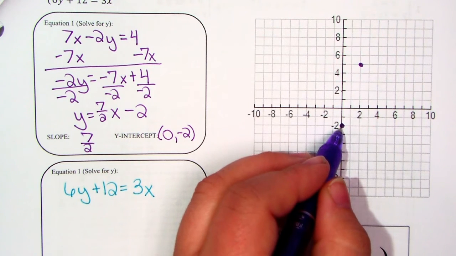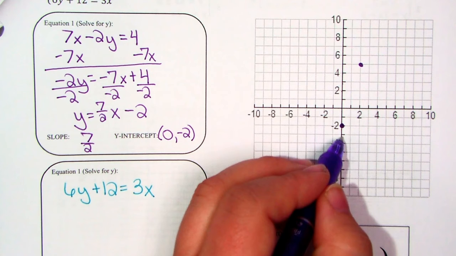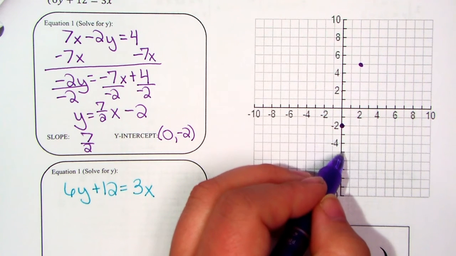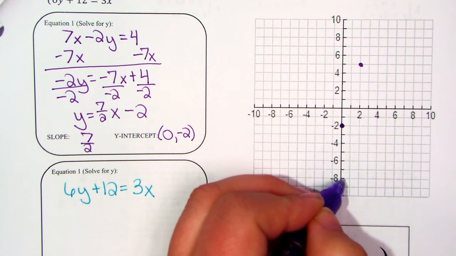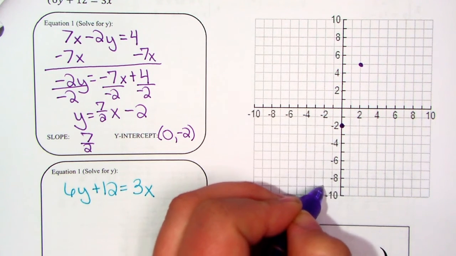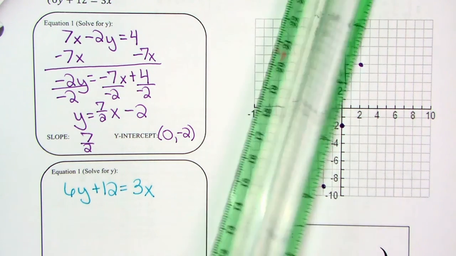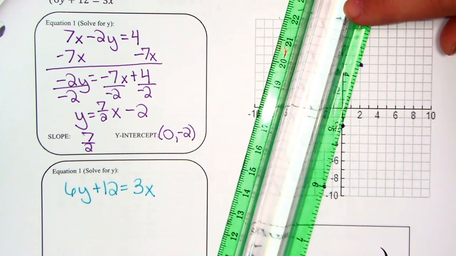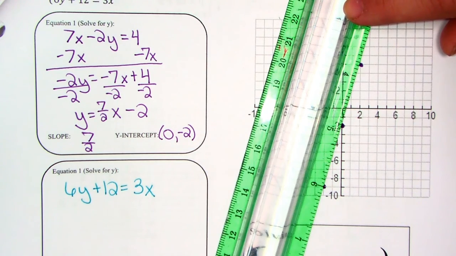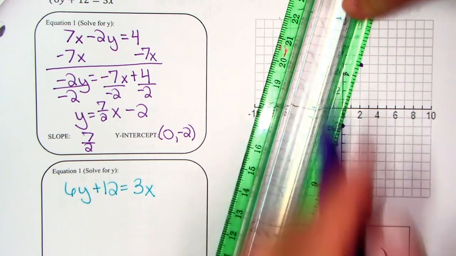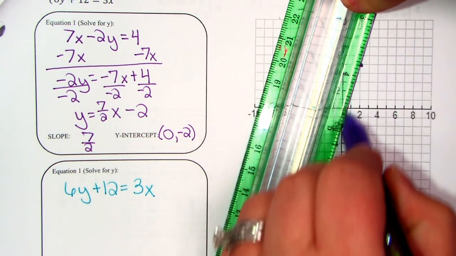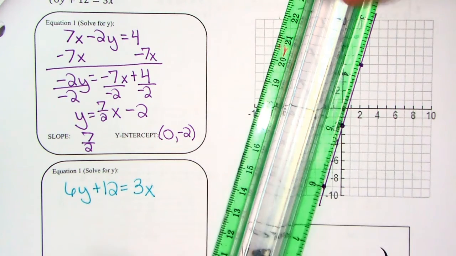Instead of going up and right, I can continue and go down and left. 1, 2, 3, 4, 5, 6, 7, 1, 2. Then draw my line. If when you went the opposite way, all 3 dots don't line up, then that means that you have counted one of your slopes incorrectly. So go back and take a look.